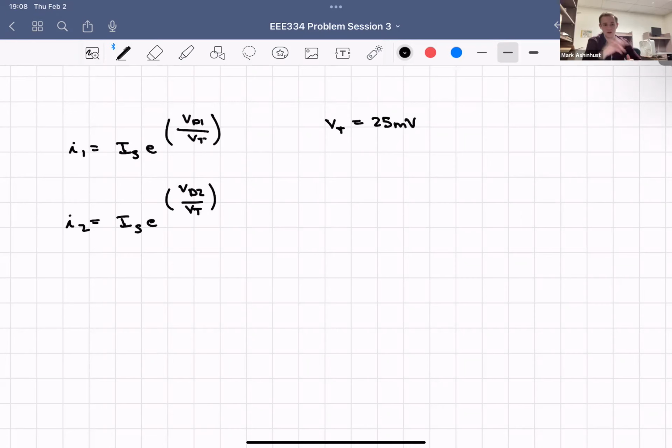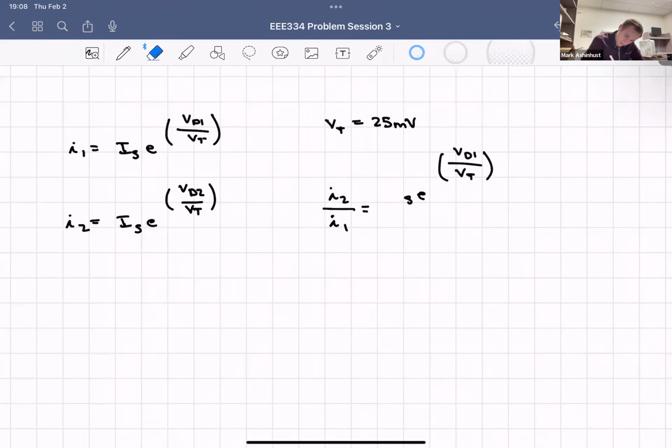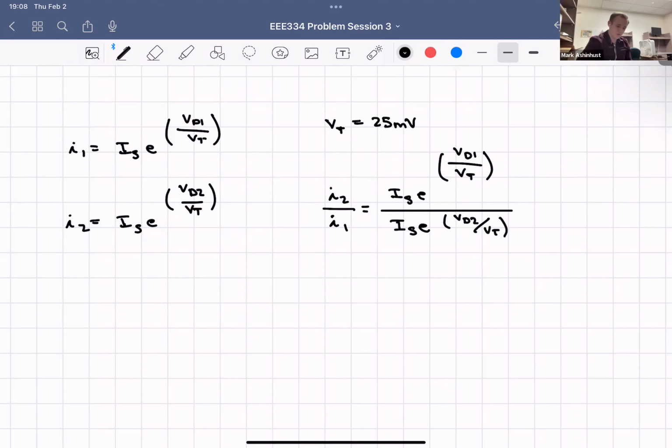We can use these two together to solve for what I want. So we'll equate them, but put them over each other. So we have I2 over I1 equals IS e to the VD1 over VT, over IS e to the VD2 over VT. This is now just going to be algebra.